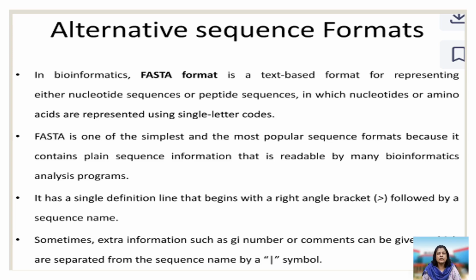It has a single definition line that begins with a right angle bracket followed by a sequence name. Sometimes extra information such as GI numbers and comments can be given, separated from the sequence name by a symbol.